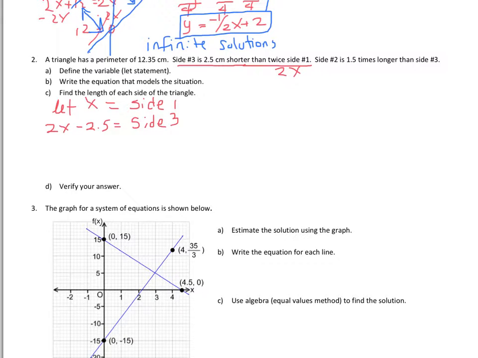Now, finally, it says side 2 is 1.5 times longer than side 3. So here's my 1.5 times 2x minus 2.5 equals side 2. So we have defined our sides.